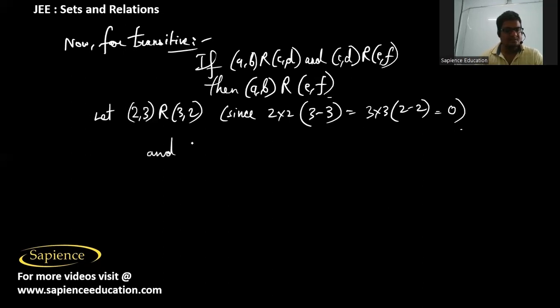And also 3 comma 2 is related to 5 comma 30.